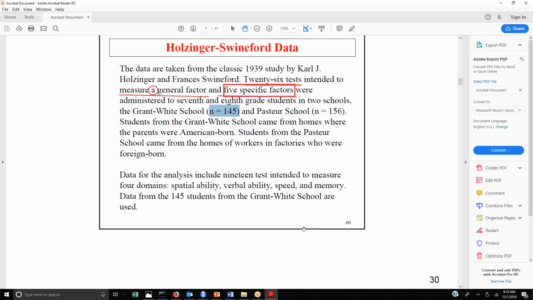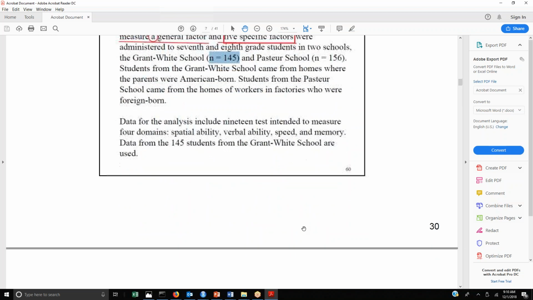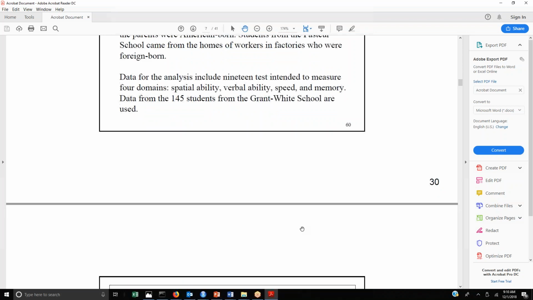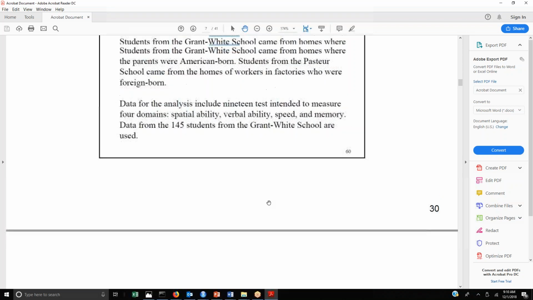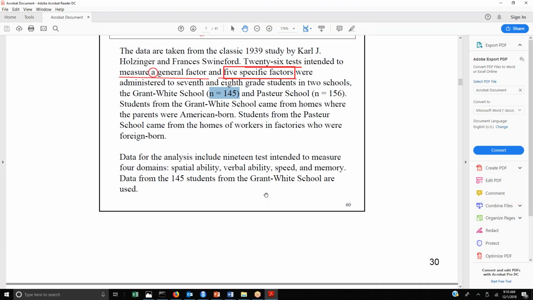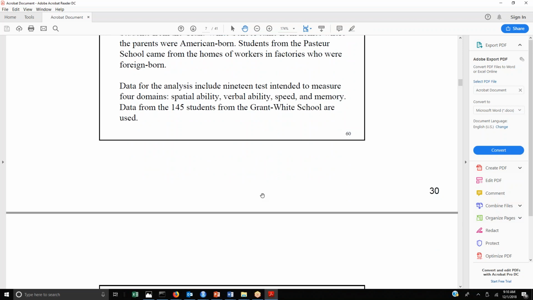Out of the 26 tests, 19 tests were intended to measure 4 dimensions. They were intentionally meant to measure spatial ability, verbal ability, speed, and memory.